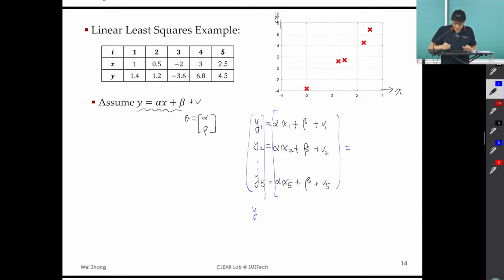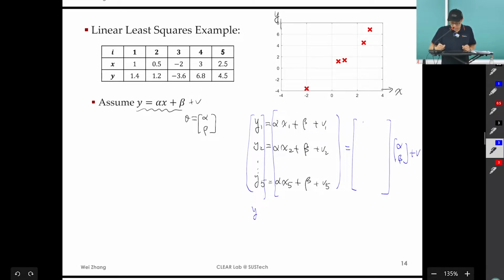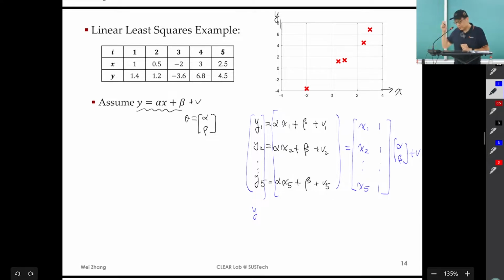So I can write it like the following: the matrix times alpha and beta, plus the v vector. Can you tell me the first row of the matrix? This is x1 and 1. This is x2 and 1. This is x5 and 1.